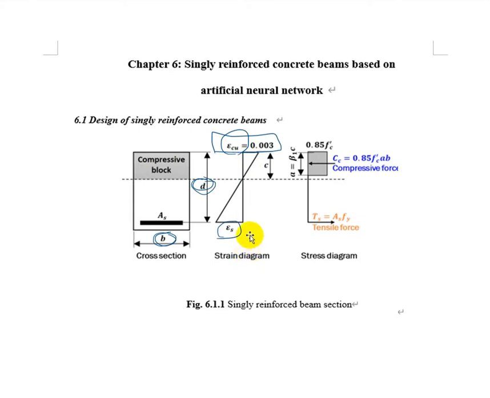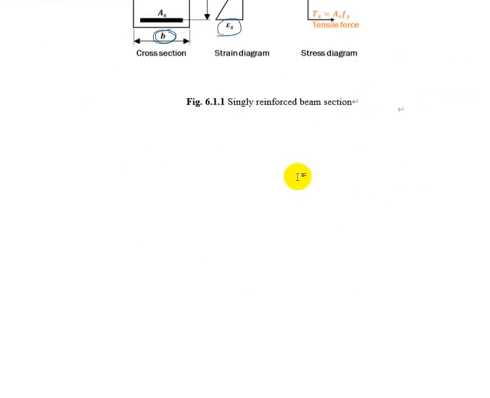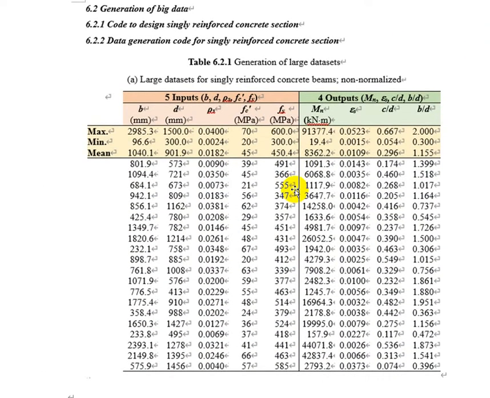All these inputs and outputs are generated based on any good structural software, which can be used to generate output parameters for given input parameters. As you see over here, we generate four output parameters, which are the nominal moment strength, lever strain, and the C over D and B over D ratios, from the given B, D, rho S, F prime C, and Fs.